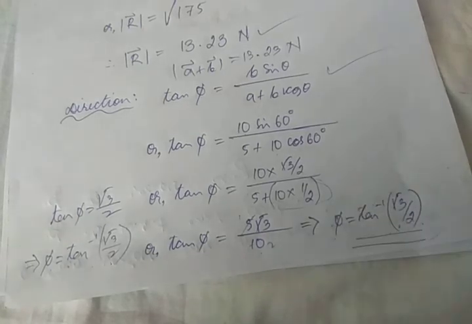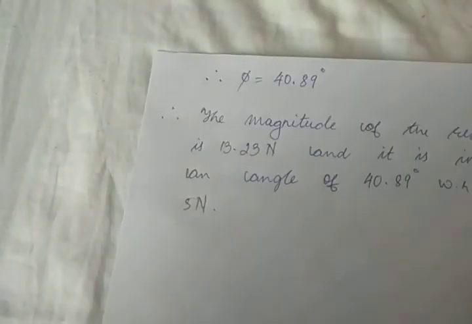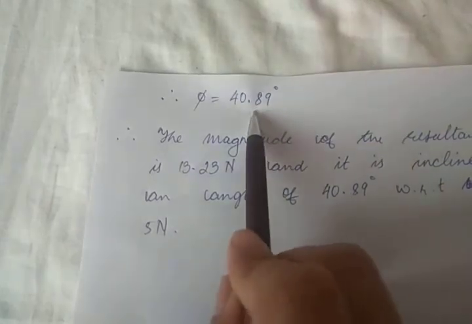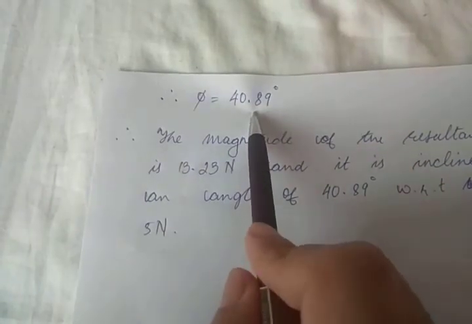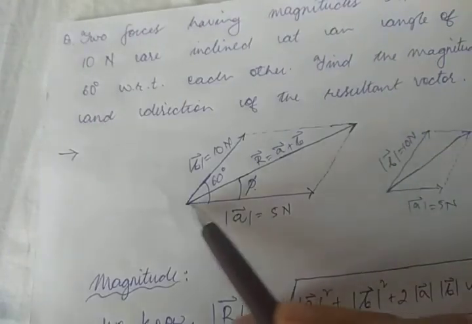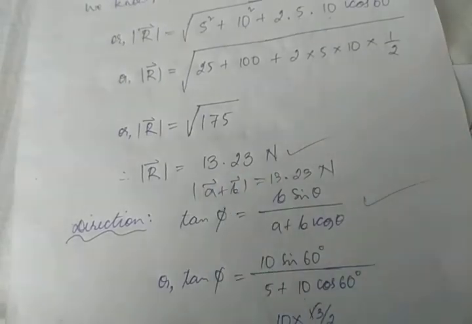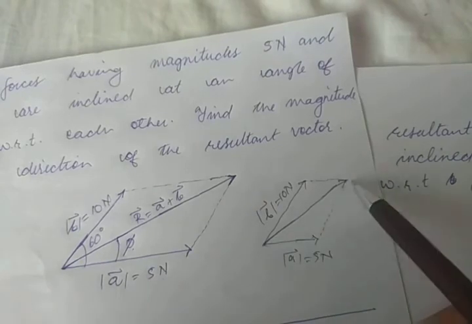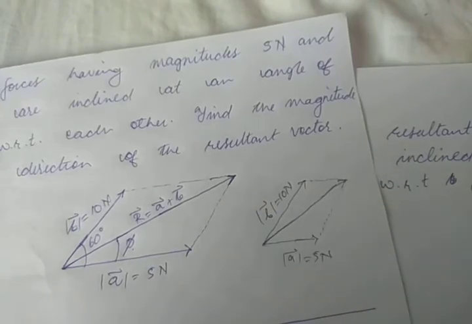But if you have your scientific calculator, you will see that tan inverse of root 3 by 2 comes out to be 40.89 degrees. So what we see is the resultant has magnitude 13.23 newtons. So this length is 13.23 newtons.